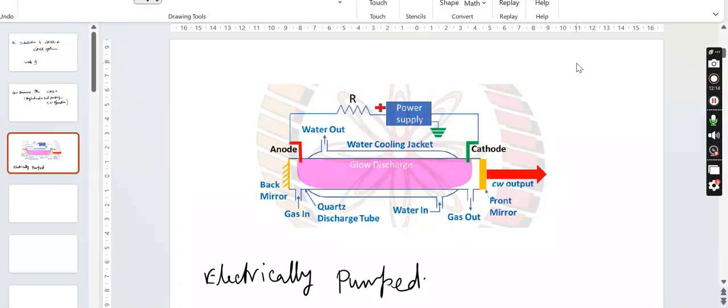At a low gas pressure, the breakdown voltage is also low, and therefore discharge in this laser can be effected by maintaining a longitudinal geometry.